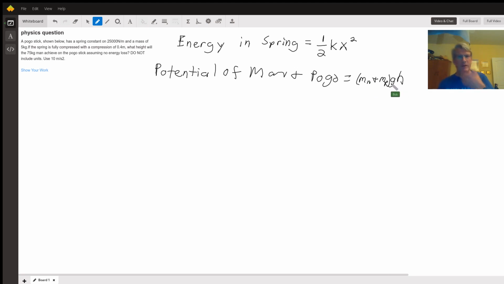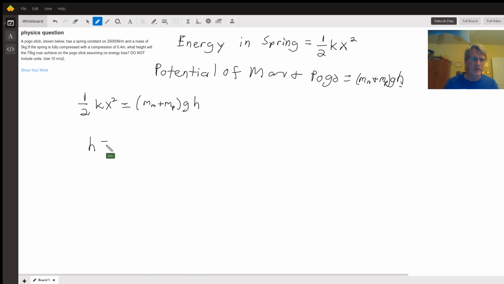Basically, the energy in the spring gets converted to kinetic energy for these two guys, and then that kinetic energy goes to zero when we reach this height. As a consequence, the equation you need to solve is simply the energy in the spring set equal to the combined mass of the man plus the pogo stick times g times h, and all you have to do is solve for h.